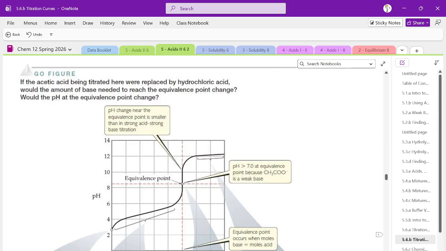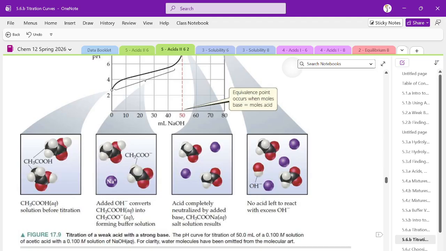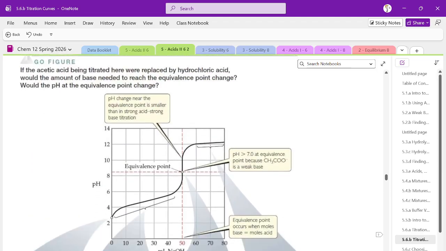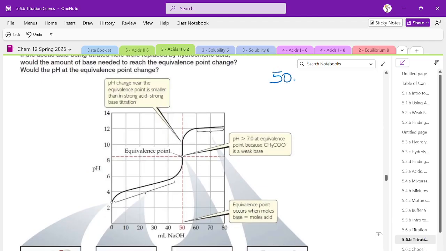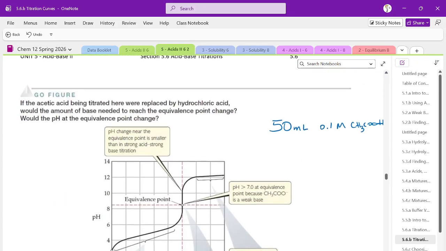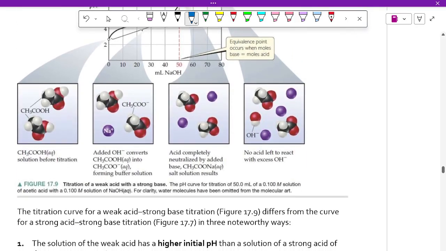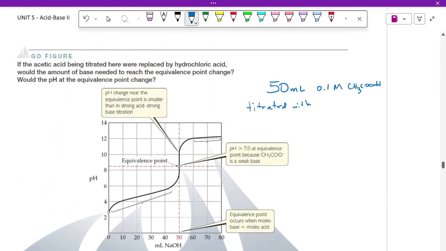Here's a graph. We are on page 99. We have 50 milliliters of 0.1 molar acetic acid, and it's titrated with 0.1 molar NaOH.